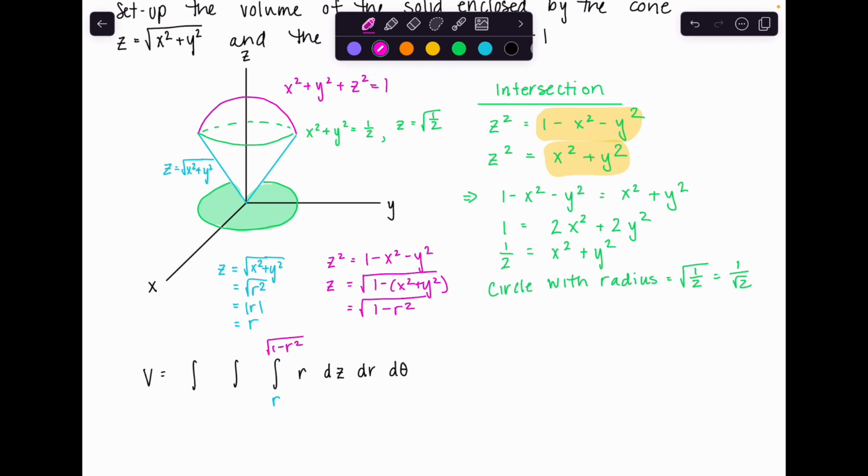Now to figure out my r and theta bounds, that's where we're using this intersection here, which is a circle of radius a half. If you want a picture of that in the xy plane, absolutely feel free. So that's x squared plus y squared equals 1/2.